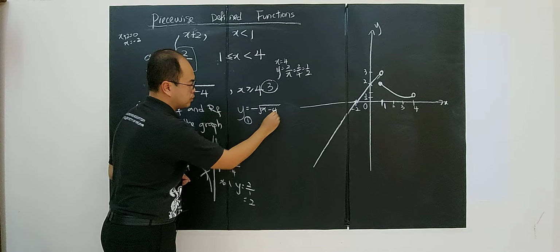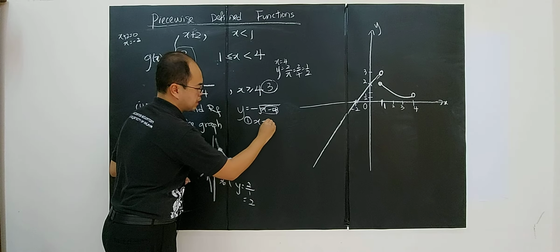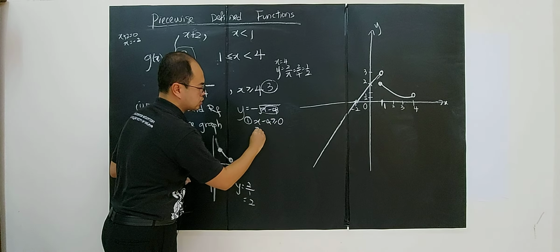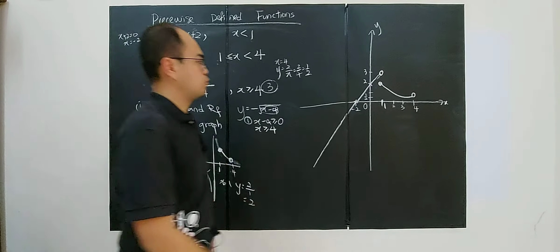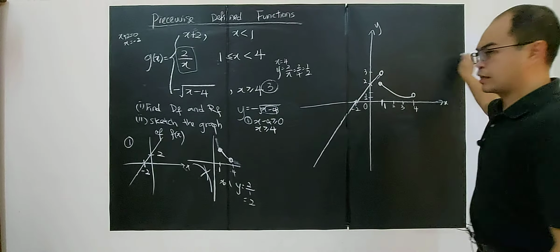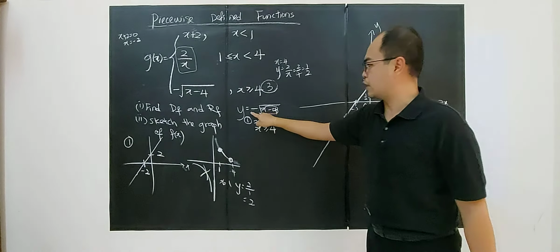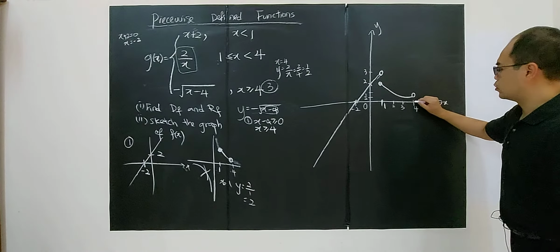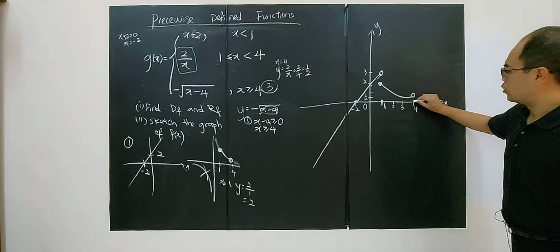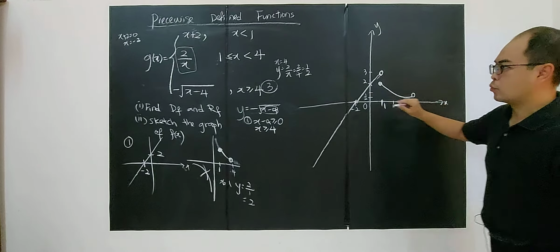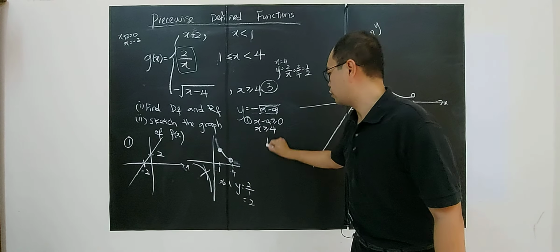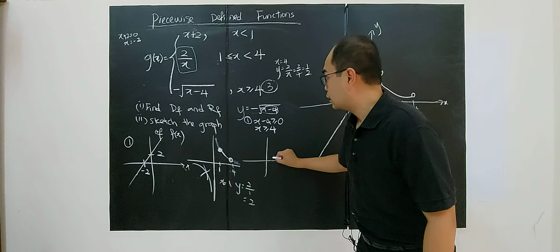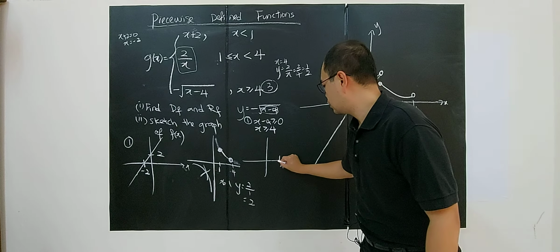The first step is to look at the domain: x minus 4 must be greater than or equal to 0, so x is greater than or equal to 4. This means the graph will be going to the right, but because of the negative here, it's going down. When you substitute 4, 4 minus 4 is 0, so the graph starts at 4.